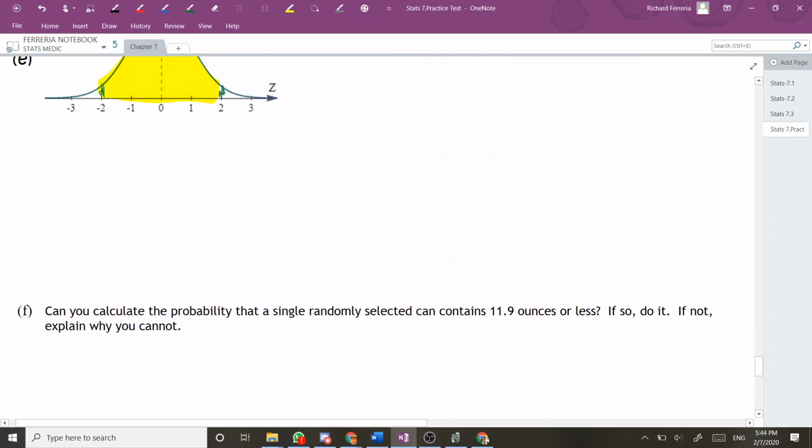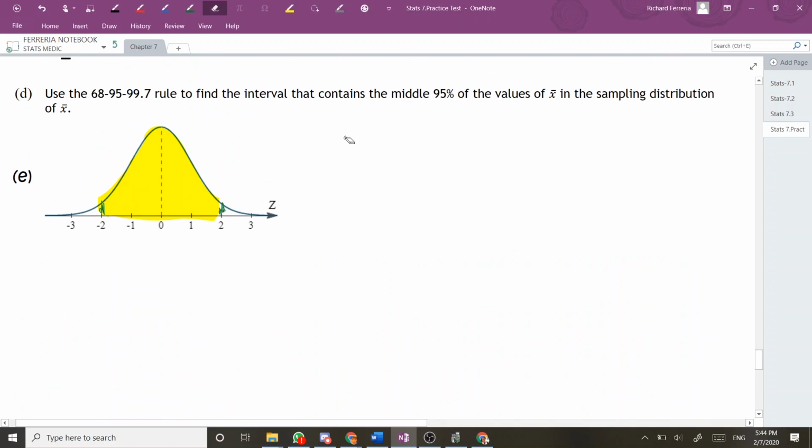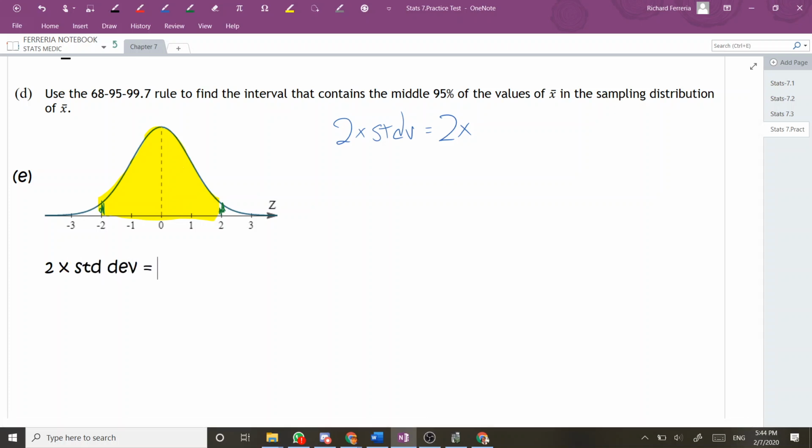So two standard deviations is 2 times 0.057. And that's equal to, why did it not multiply? I think I need to do that.